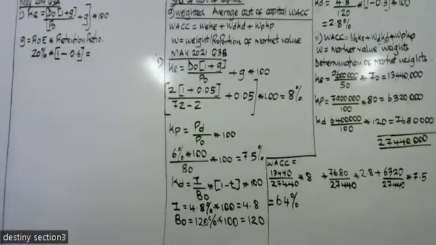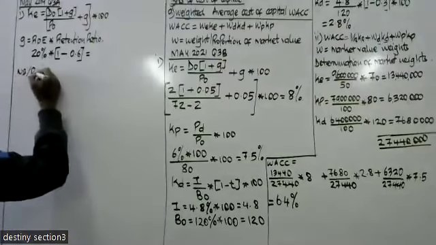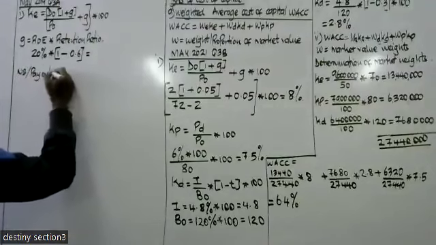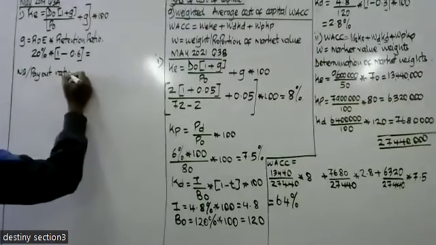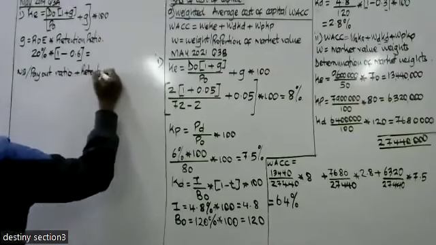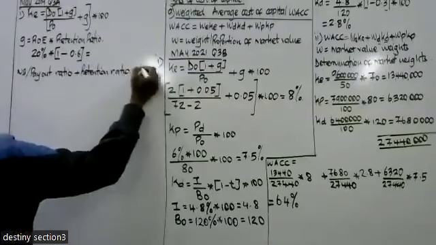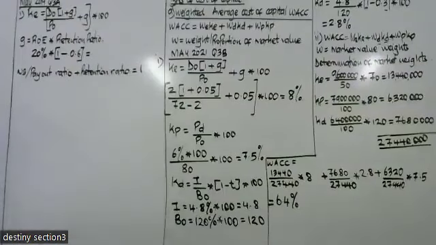So the payout ratio plus your retention ratio should be equal to 1.